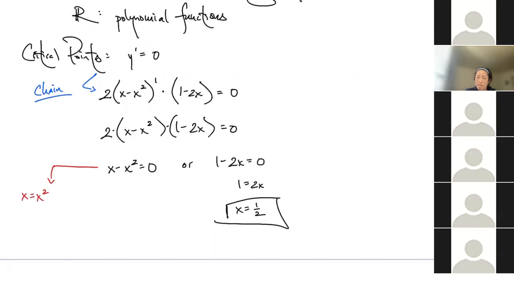How do we solve this? Divide by x, so I get 1 equals x. The problem with this, let's see what the problem is. Let's do the other way, which is let's factor. x times (1 minus x) equals 0. What are my answers in the green?